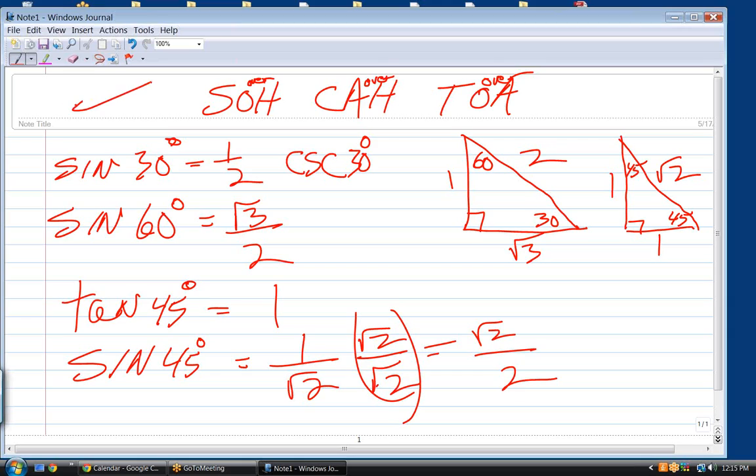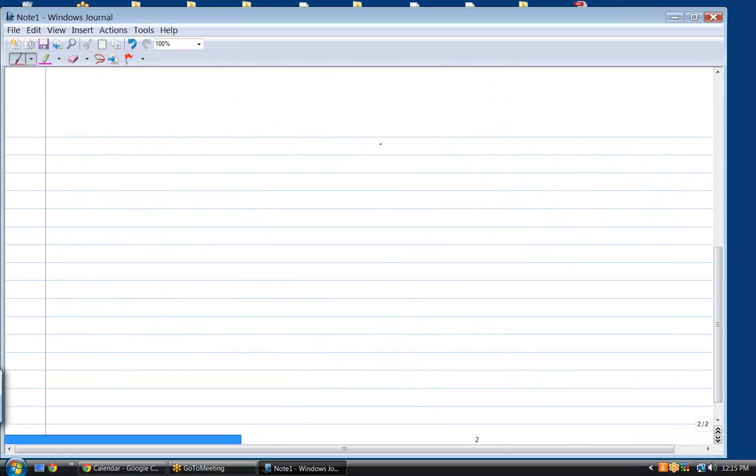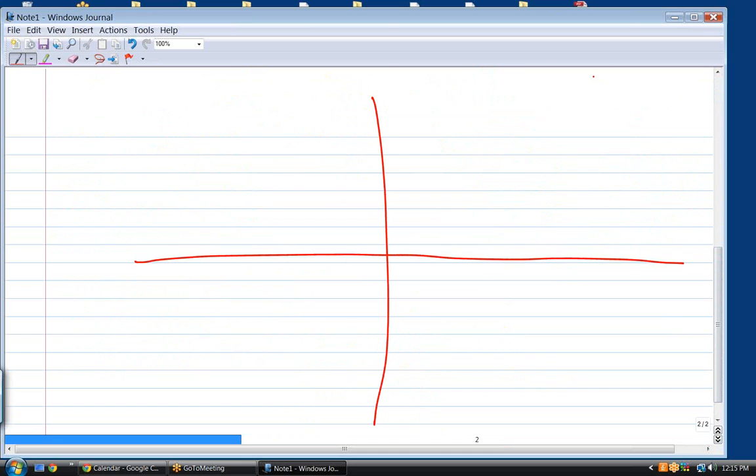So if you memorize SOHCAHTOA and these two triangles, you will have all of the first quadrant angles for 30, 45, and 60. You with me? Yep. Okay, now let's go and look at second quadrant and third and fourth quadrant.